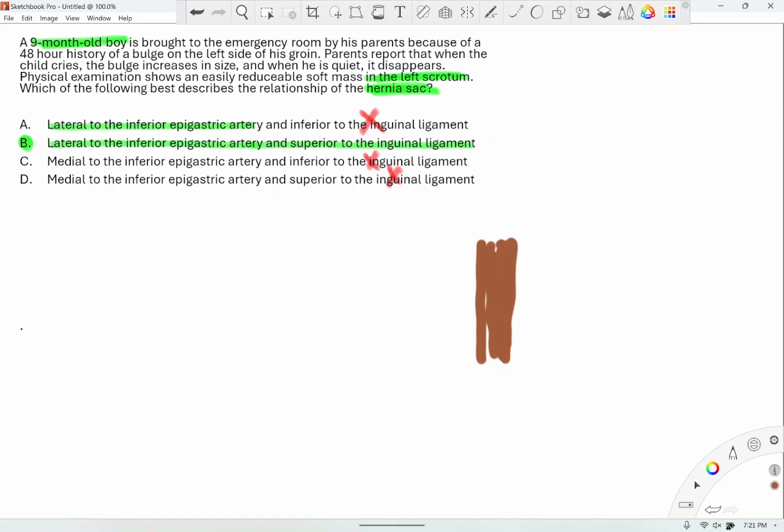Rectus abdominis muscle. Okay, so this is the rectus abdominis muscle. Brown. And let's do here, this is the femoral vein. Okay, and then we say femoral artery.